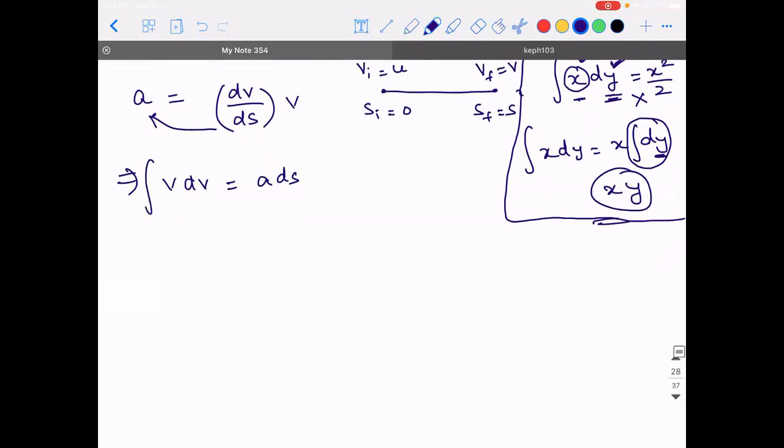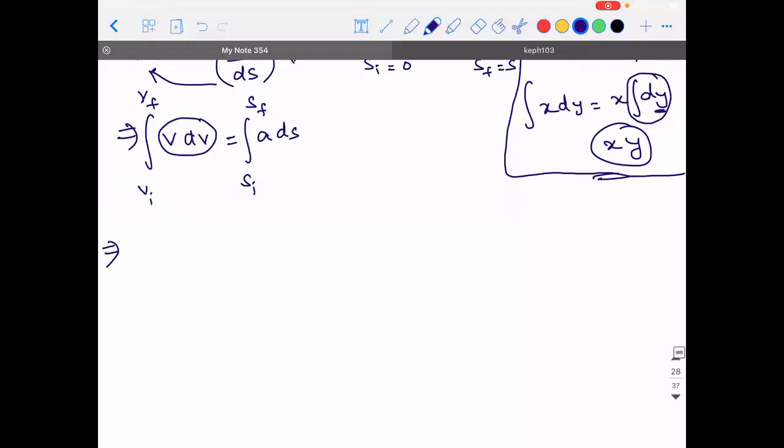Okay. So integrating on both the sides, what is the initial displacement si? What is the initial velocity vi? What is the final displacement sf? Final velocity vf, which implies. Now tell me what is the integral of v dv, guys? v square by 2.